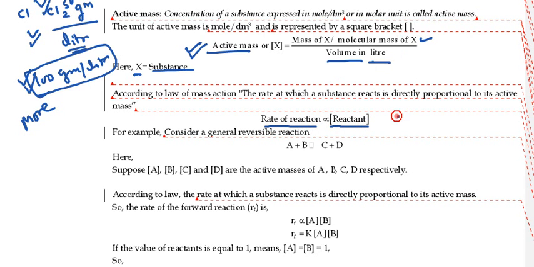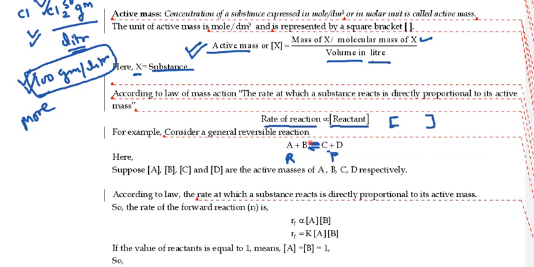This active mass can be represented by the square bracket, and in this you put the reactant active mass for the amount you have. For example, consider the reversible reaction A plus B, your reactant, and this one is your product.